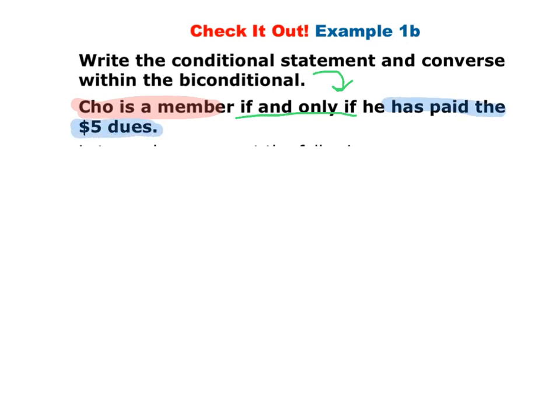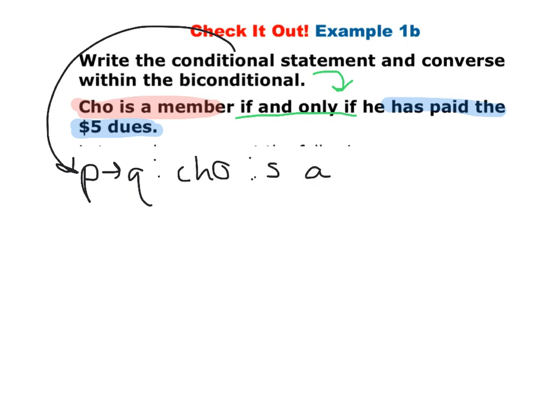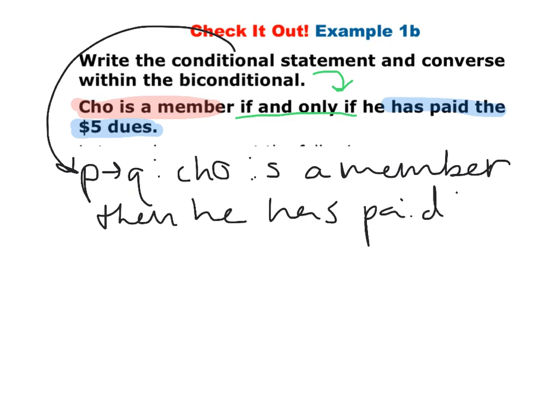So we'd write the conditional statement, which is if P, then Q. So P then Q would be if Chow is a member, then he has paid the $5 dues.